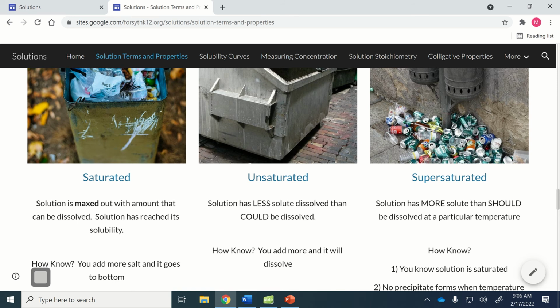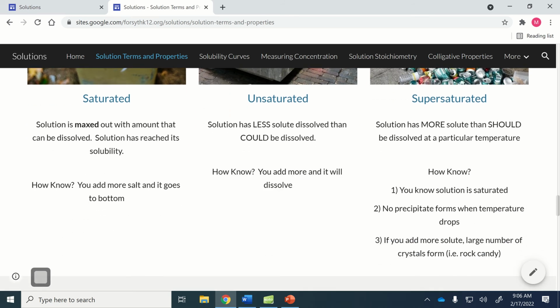Probably unsaturated. What you actually have to do to make a supersaturated solution is you have to already know the solution is saturated. Basically, the process is you heat up the water. This is how you make rock candy, essentially. You heat up some water at a high temperature, and you start dissolving sugar into it.